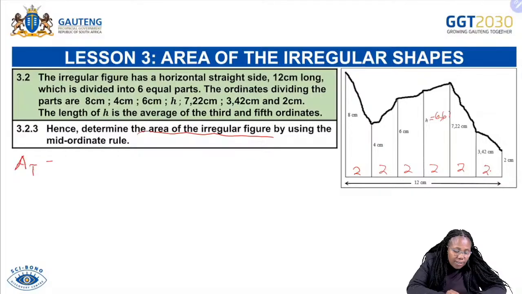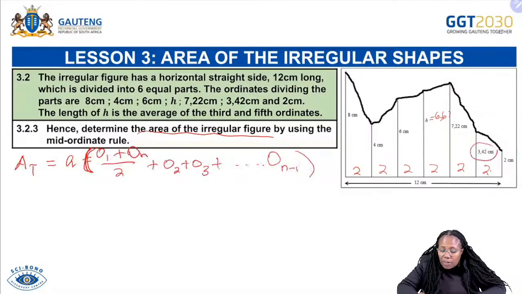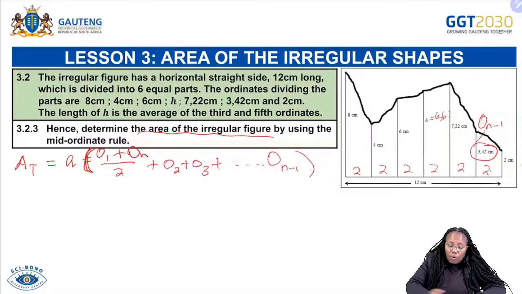Area of the total irregular shape is equal to A, the width of equal parts, into ordinate 1 plus the last ordinate divided by 2 plus ordinate 2 plus ordinate 3 plus continuing up to ordinate n minus 1. That means ordinate n minus 1 is this one, which is before the last ordinate.